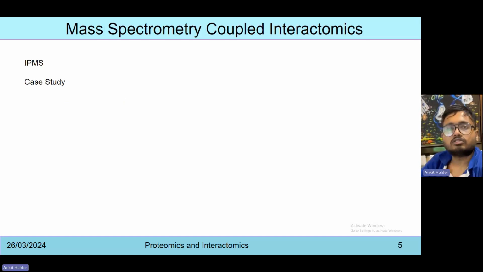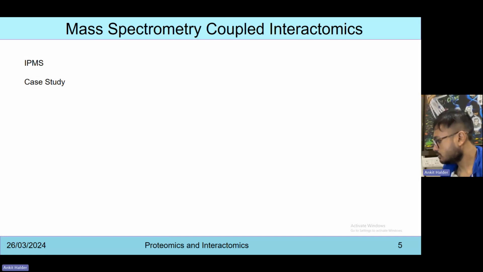Now we will be transitioning into mass spectrometry coupled interactomics.